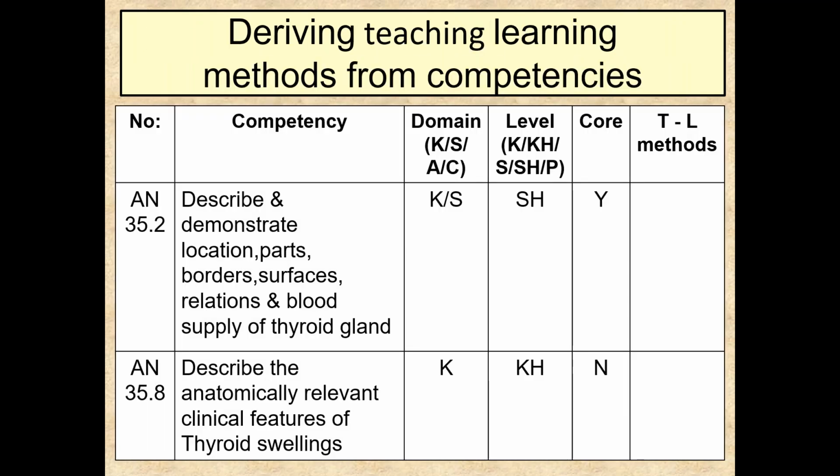Now I'm going to an example from anatomy. I have again taken the thyroid gland as an example, and this comes under the topic, if I remember correctly, deep dissection of the neck. In that, I have two competencies pertaining to thyroid. 35.2 is to describe and demonstrate the location, parts, borders, surfaces, relations, and blood supply of the thyroid gland, and that is a core competency.